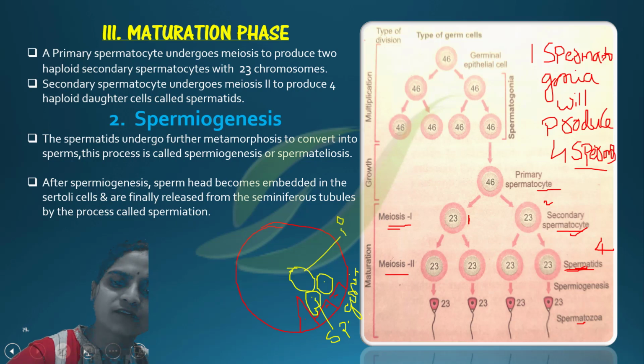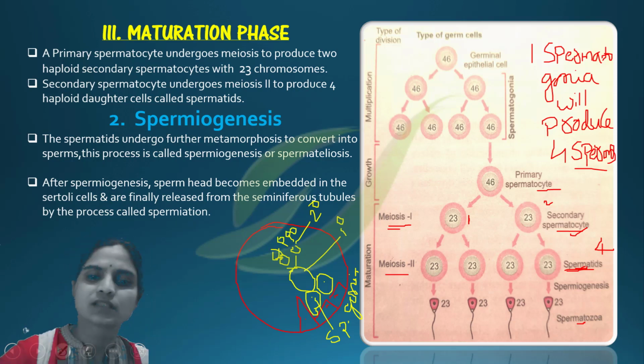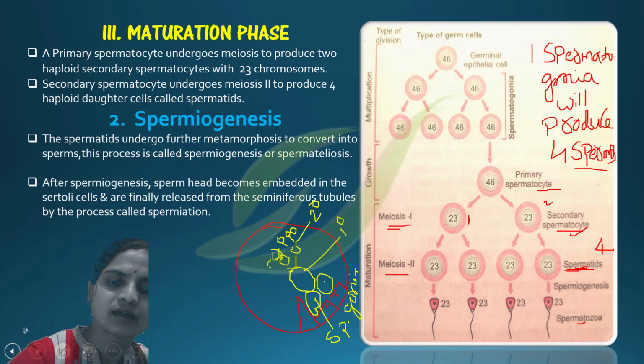It has given rise to 2 secondary spermatocytes. These secondary spermatocytes gave rise to spermatids, so you got 4 spermatids. The spermatids will later produce sperms.